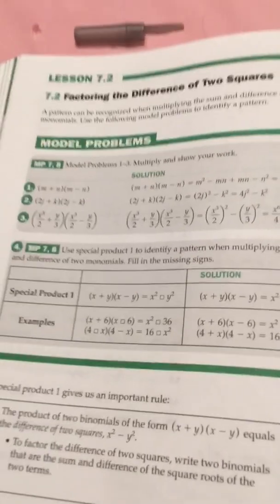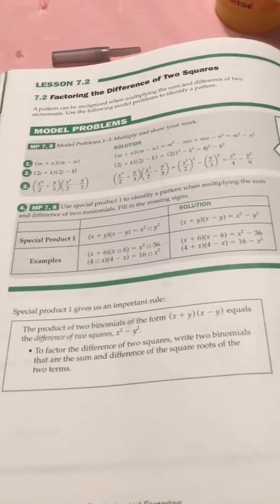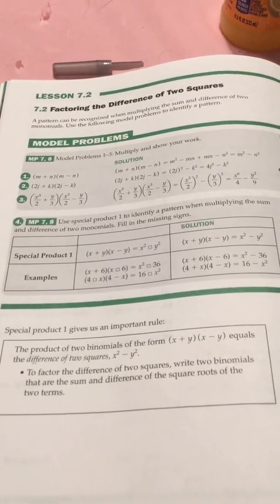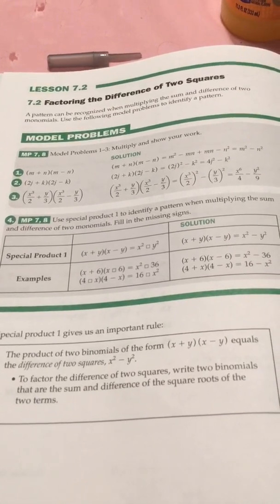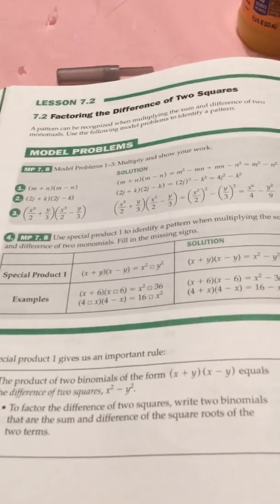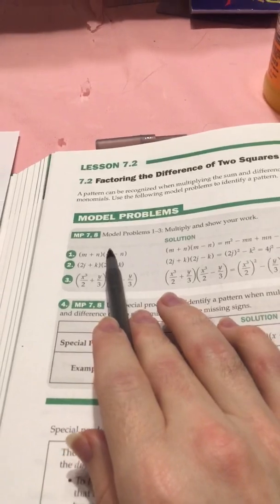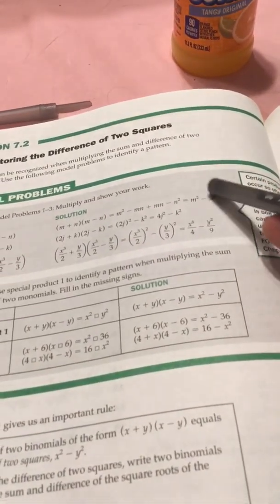So let's take a look. We have factoring the difference of 2 squares. They're showing us model problems. Multiply and show your work. What they're actually doing is working from our answer to our dots to show us what it would have been in.